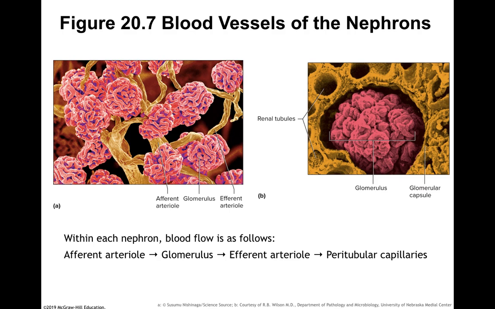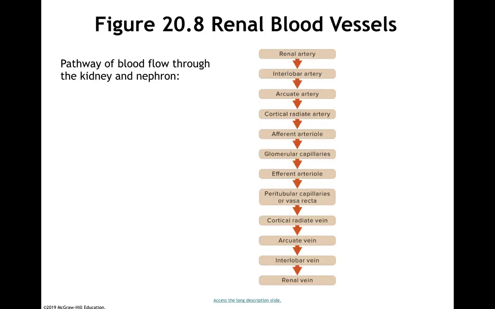Within each nephron, blood is going to go afferent arteriole, glomerulus, efferent arteriole, and peritubular capillary. So we've got a glomerulus between two arterioles, a little different structure than we've seen anywhere else.